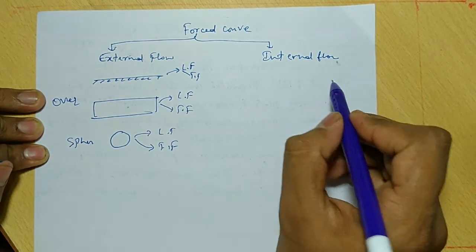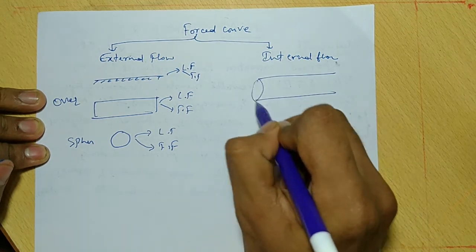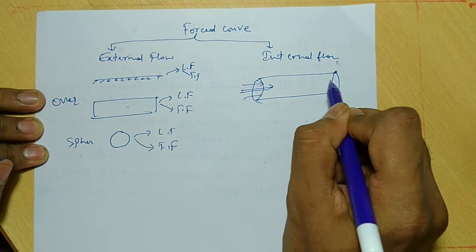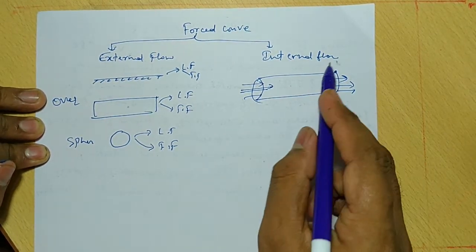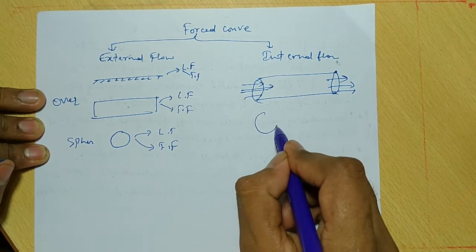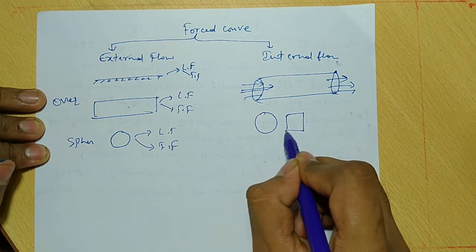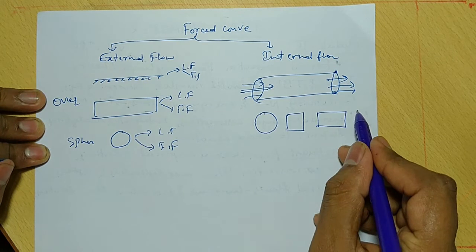For the internal flow, meaning flow inside ducts, flow inside a pipe, here also the cross section will change. It may be a circular duct, a square duct, a rectangular duct, or an oval duct.